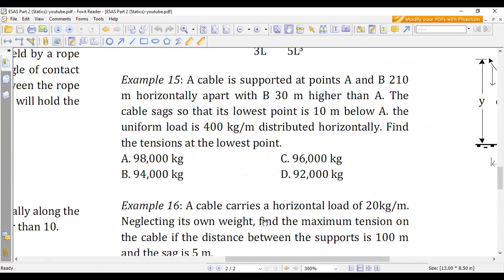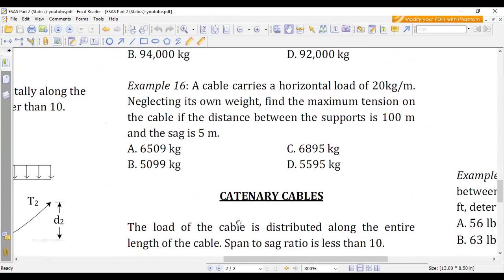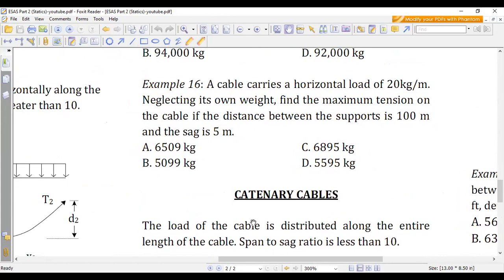Okay, so we'll try to draw the equivalent diagram of this one.